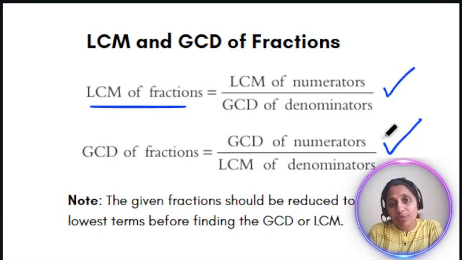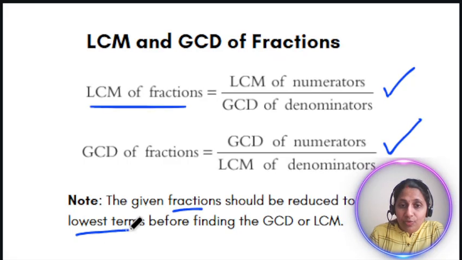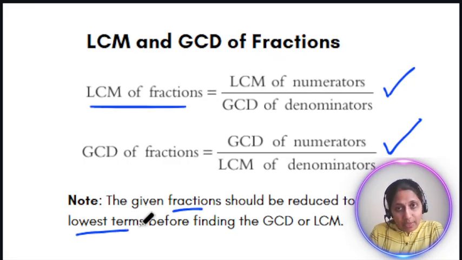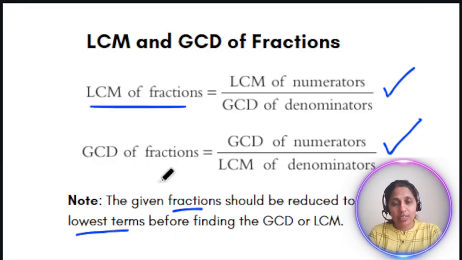But one thing you have to note here is that the fraction should be in its lowest or simplest form. So if you have a fraction like 2 by 4, you have to convert it to 1 by 2 and then apply this formula and find the LCM and GCD of fractions.